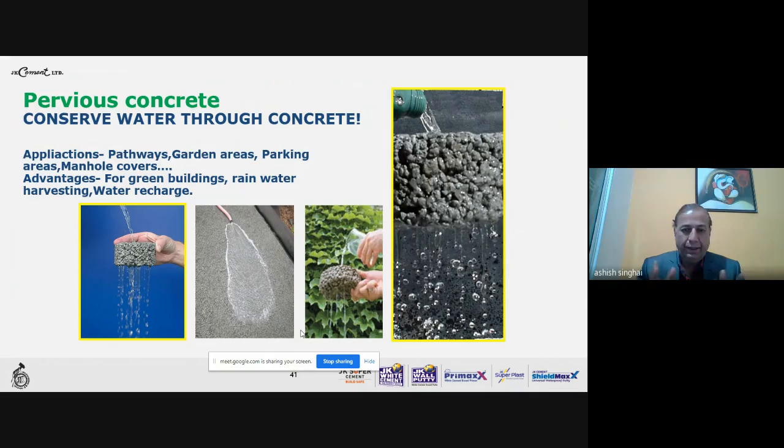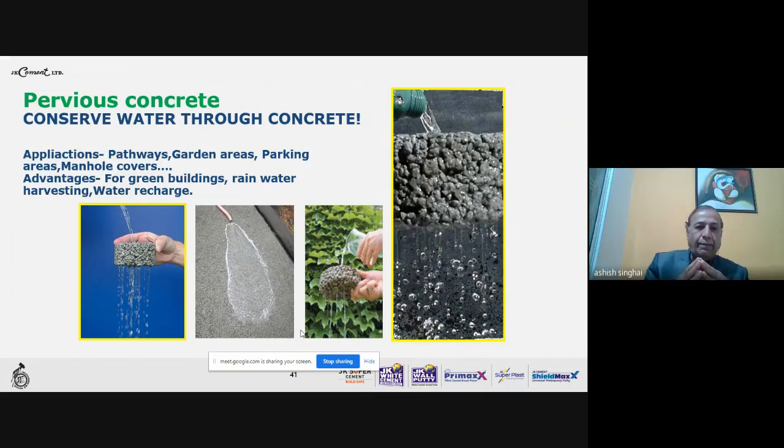This is something that I always talk about, I always think about, and I always request the stakeholders to pay proper attention to this particular element, that is pervious concrete. The beauty is that, as I said, 70 to 80% of the water goes down, and it will continue to recharge your groundwater table.